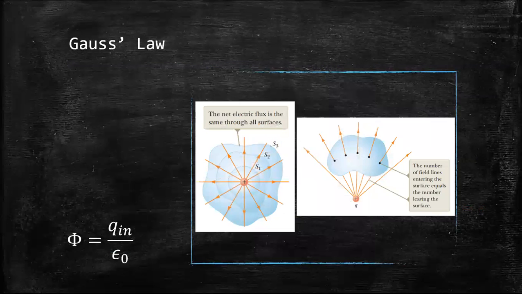Let's work out some examples here. If we have a closed surface within which we have a positive charge, we've already discussed in the previous video that the field caused by a positive charge points away from it.